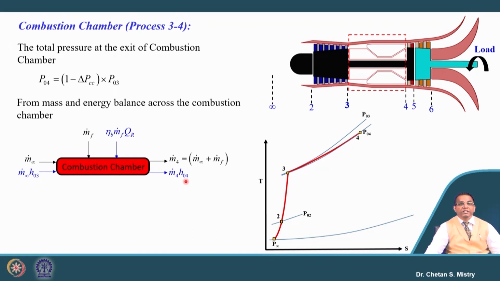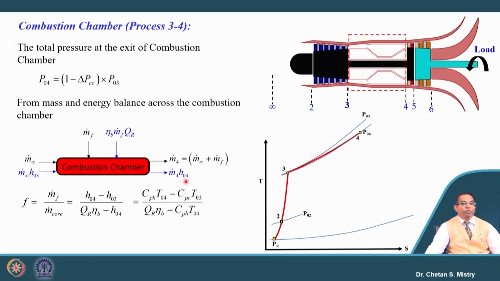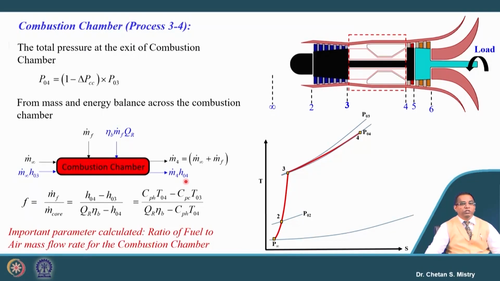We can say this is the temperature with which the flue gas will be entering the turbine, and this we also can say is representing the turbine entry temperature. So based on that we will calculate the fuel air ratio, or the amount of fuel we need to add in order to achieve this temperature T04. So this will give us an idea of the fuel air ratio for the combustion chamber.